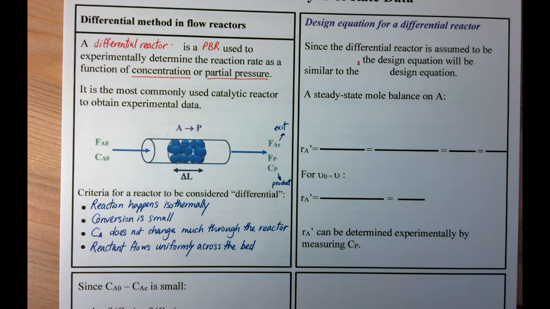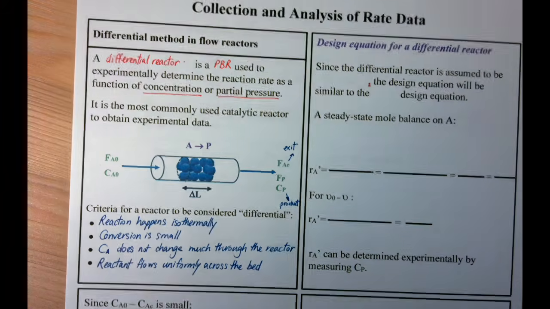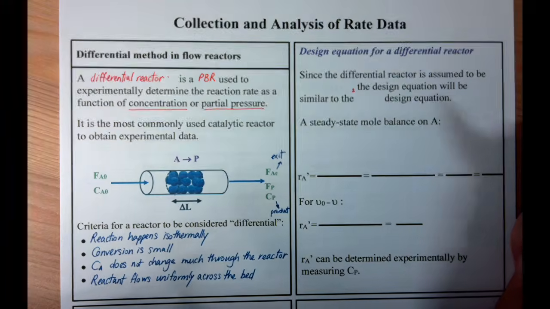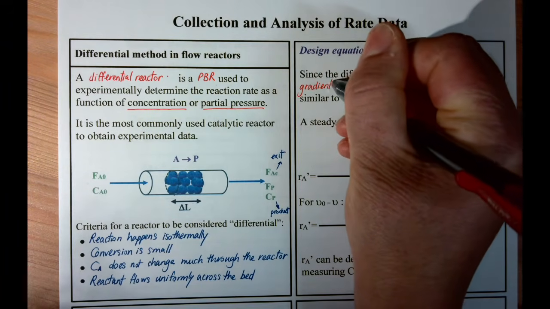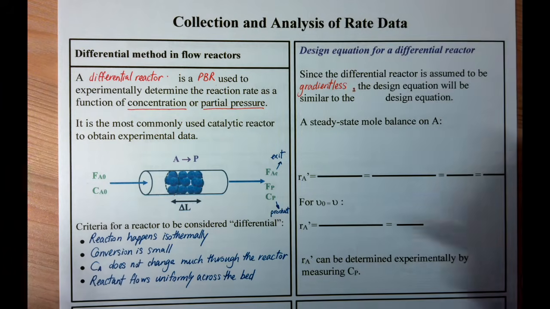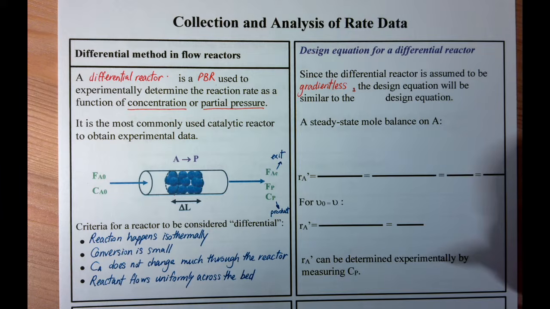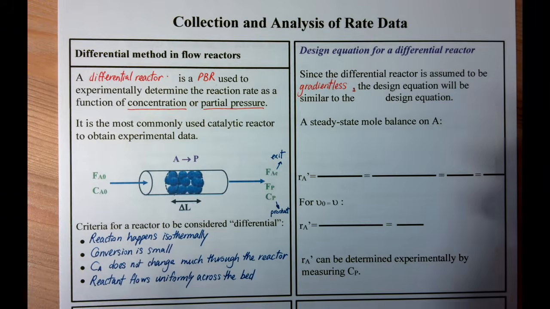So under these conditions, what is the design equation going to look like? Well, since the differential reactor is assumed to be gradientless, there is no gradient in temperature, there is no gradient in concentration, Ca is not changing very much, temperature is not changing throughout the bed, it's all the same, everything is gradientless.